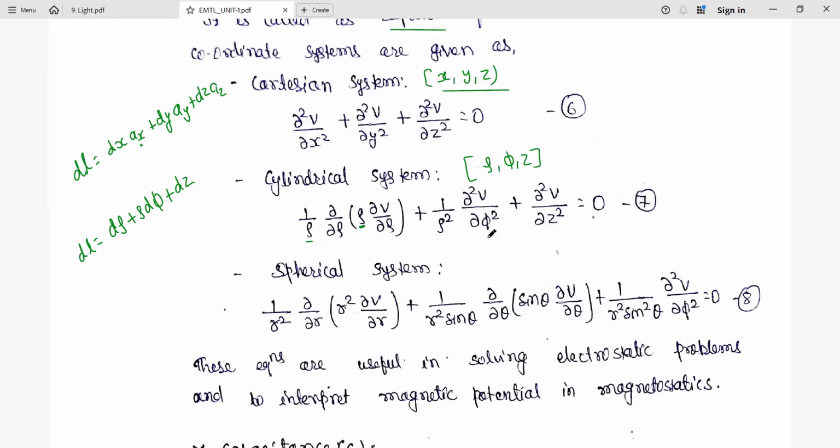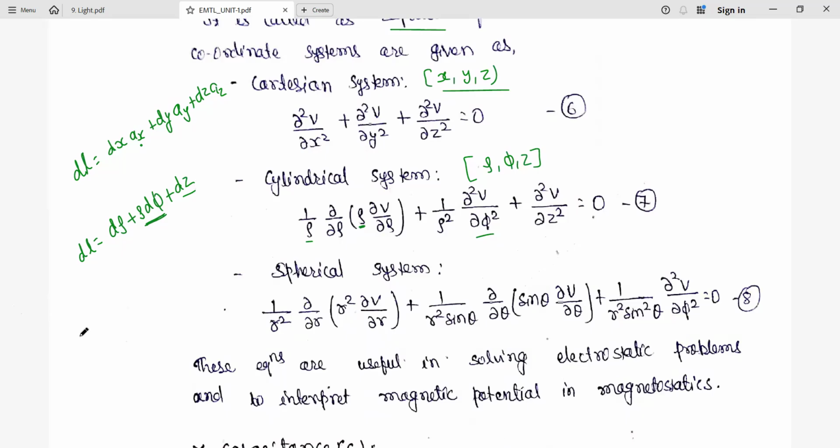In the second part, we have to differentiate with respect to ρ dφ, so it becomes a square: 1/ρ² ∂²V/∂φ². And in the z component we have only dz, so ∂²V/∂z².